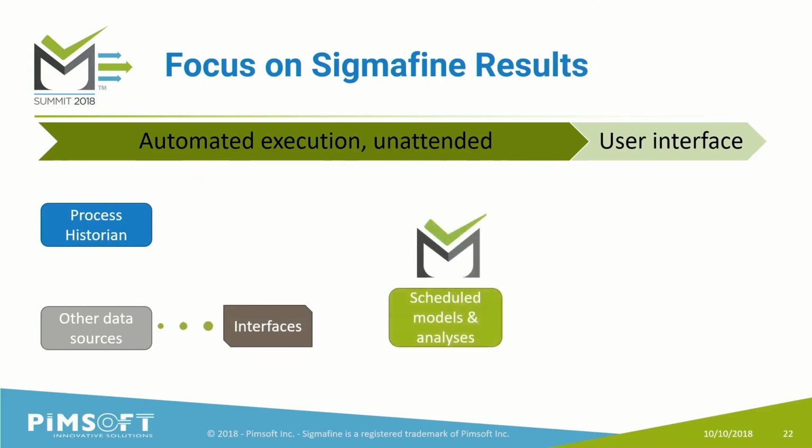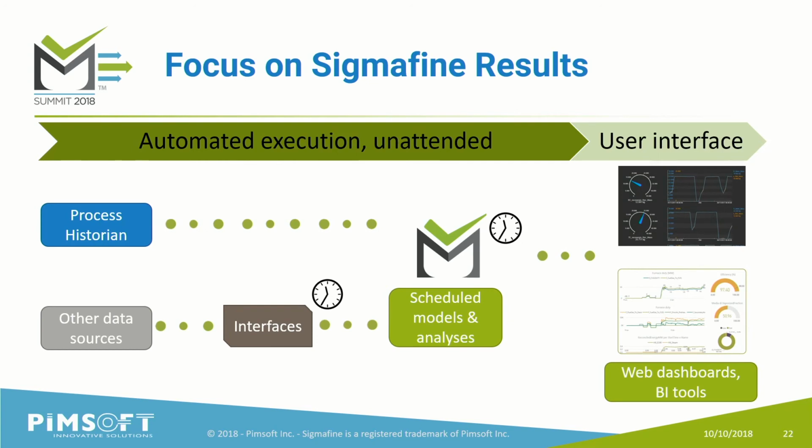So in the end, what we want to achieve is that users are focusing on the results. They are not taking care of how I get the data, how do I process the data. I want to focus on my PI Vision screens or on my dashboard screens, where I have already all the KPIs based on validated and reconciled data.